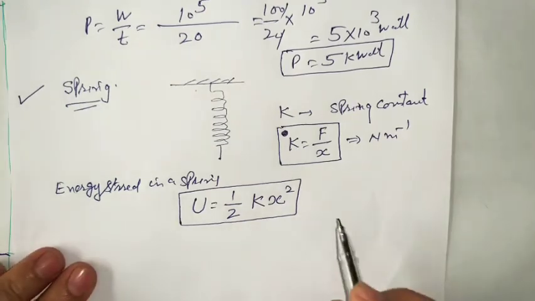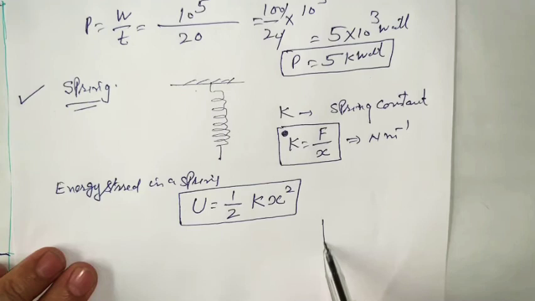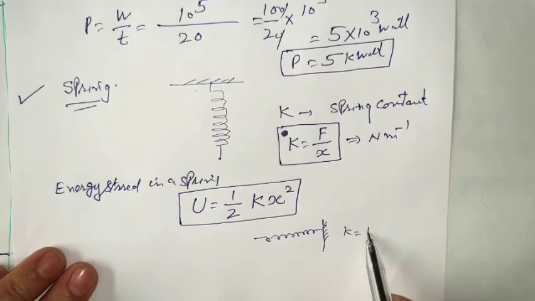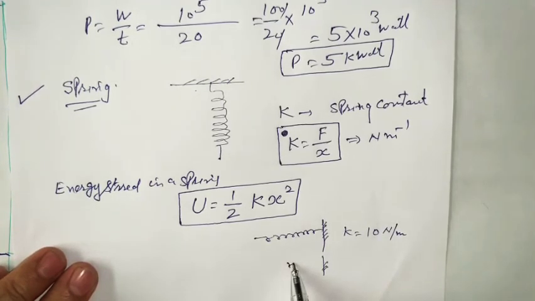Means, let me suppose this is a spring. This spring has a spring constant, say 10 Newton per meter. Somebody stretches the spring by a distance, say 10 centimeter.